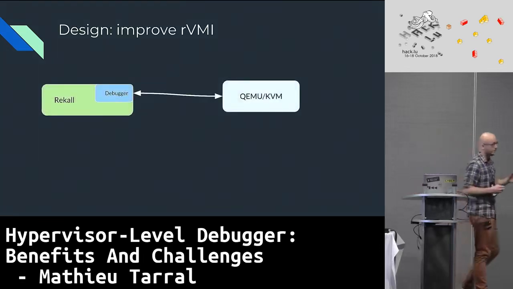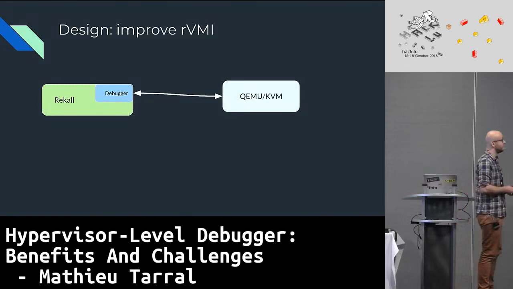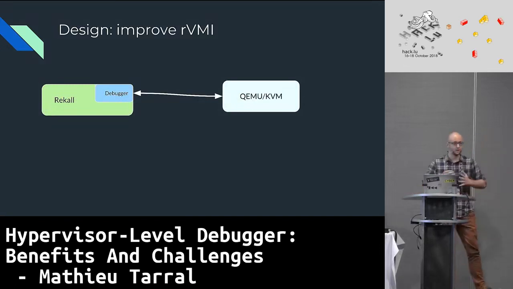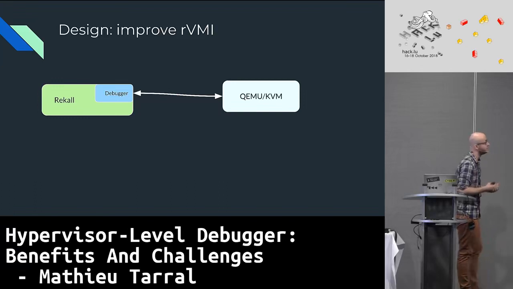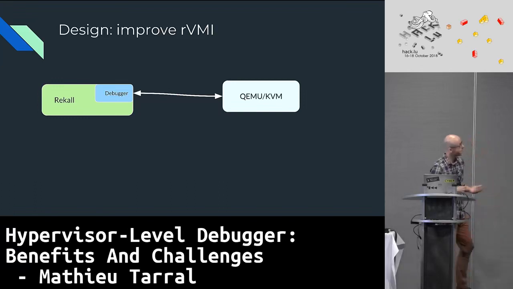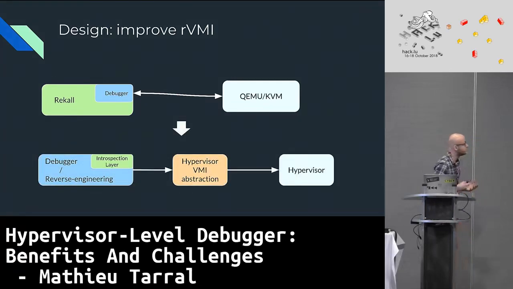What you are seeing is, let's say, a schematic version of the design of RVMI. We take Rekall as the main tool, and then we add a debugger on top of it, which is communicating with QEMU KVM. On top of this, what I would like to do is to first add a VMI introspection layer.